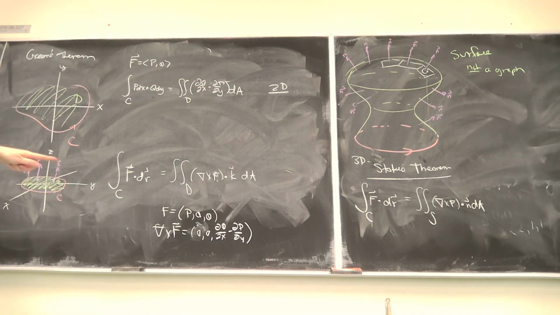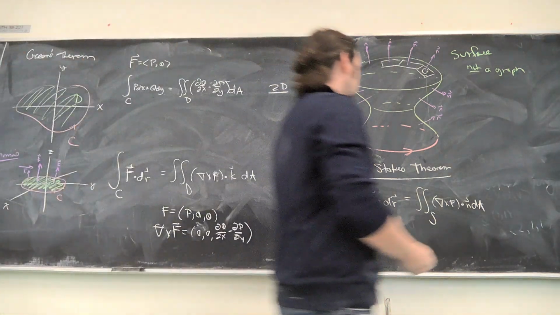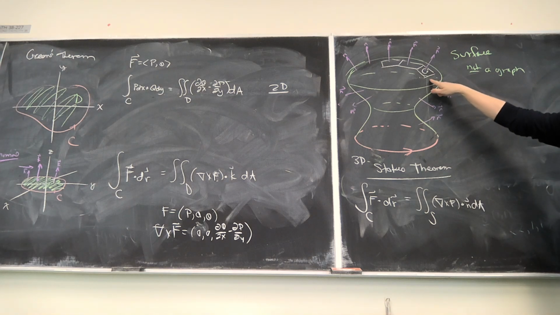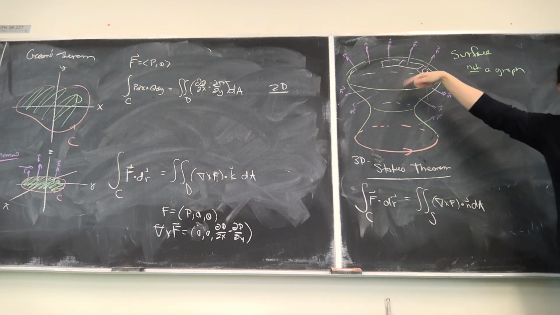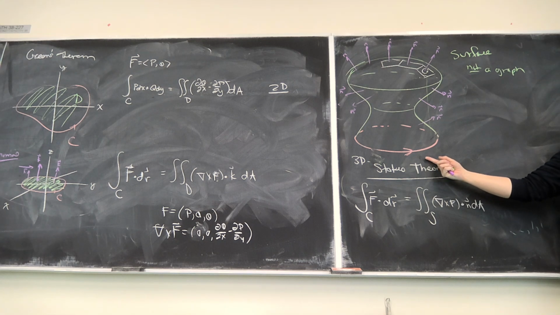That's the same theorem as Green's theorem. It says the rotation of the vector field through the surface, if I add up all these little tendencies to rotate in the surface, I still get the circulation around the boundary.